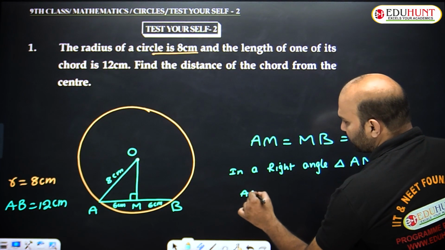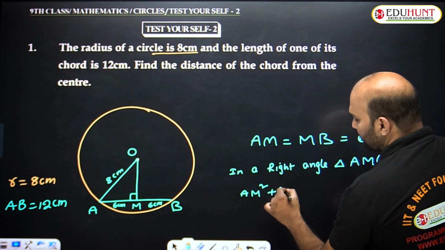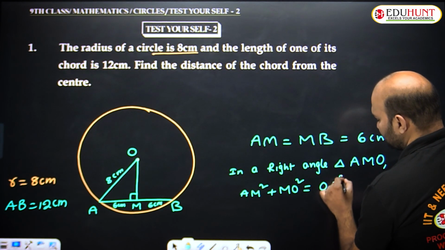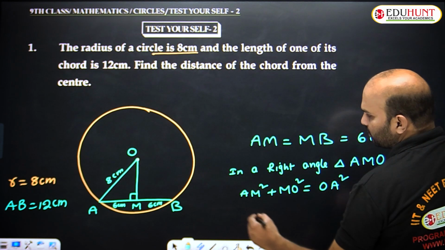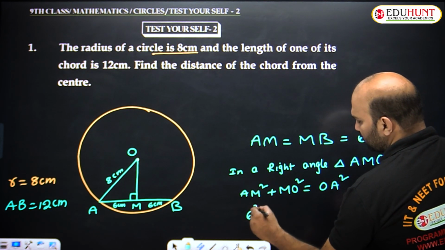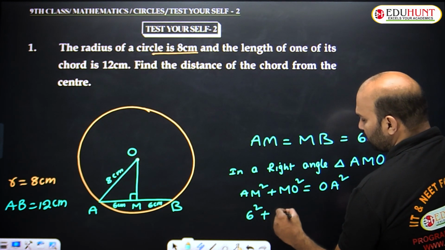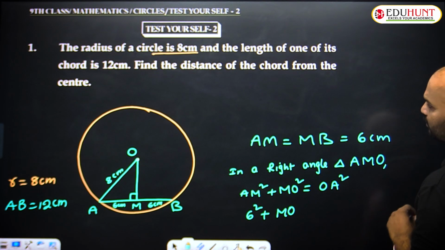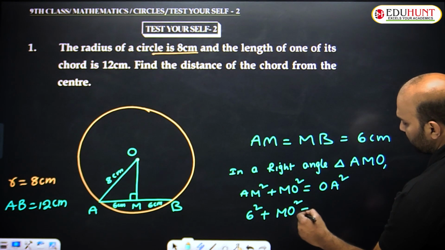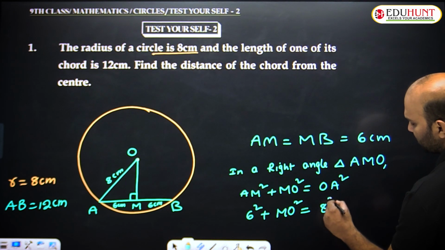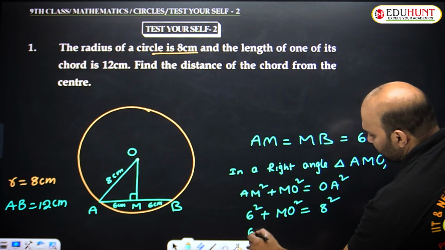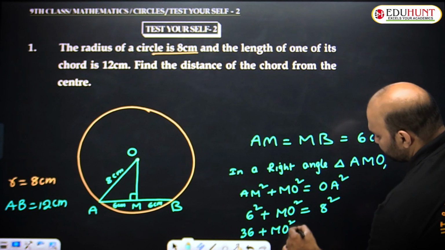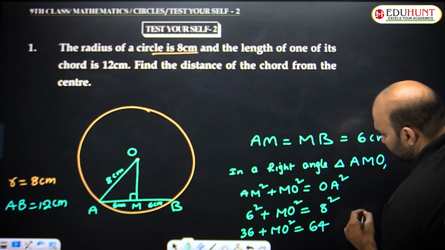That means AM square plus MO square equals OA square. AM value you know, 6 square, plus MO you don't know, that will be asked at the end. MO is the distance from center to chord, whole square equals OA, the radius, 8 square. So 6 square value 36 plus MO square equals 64.